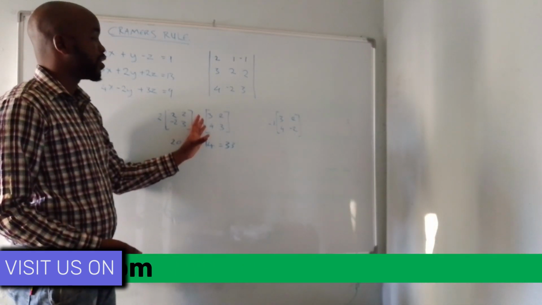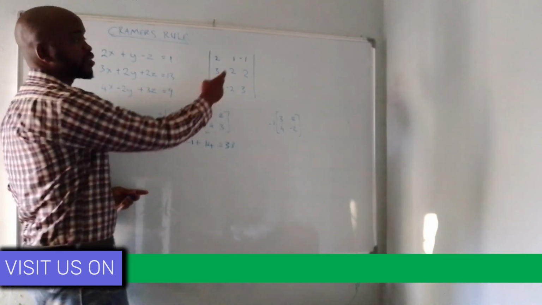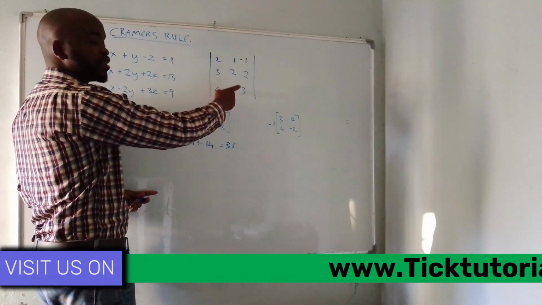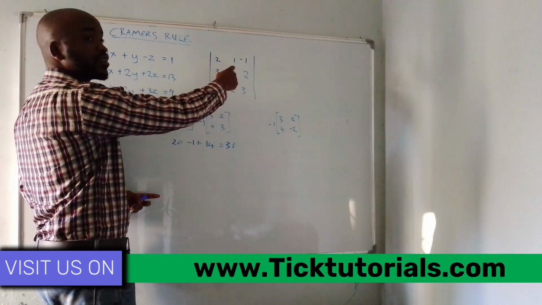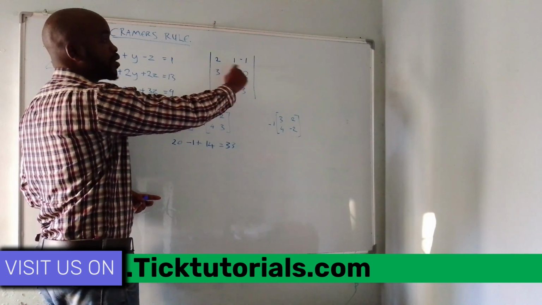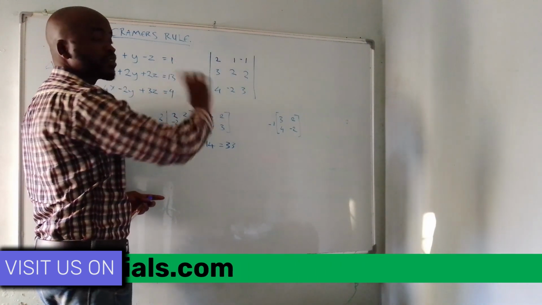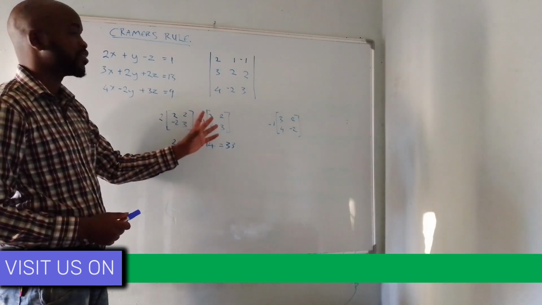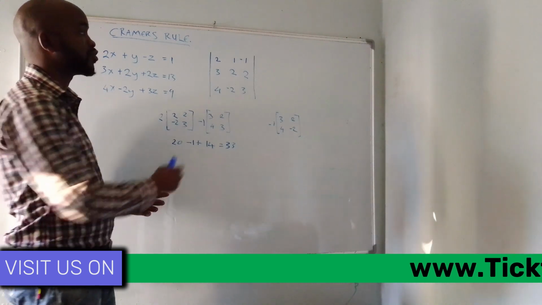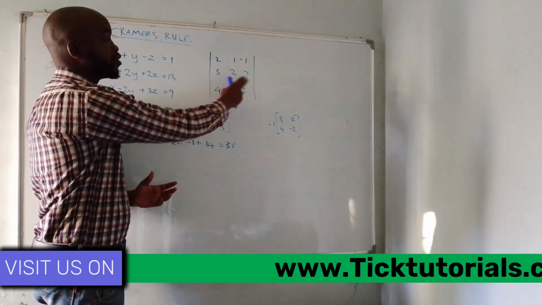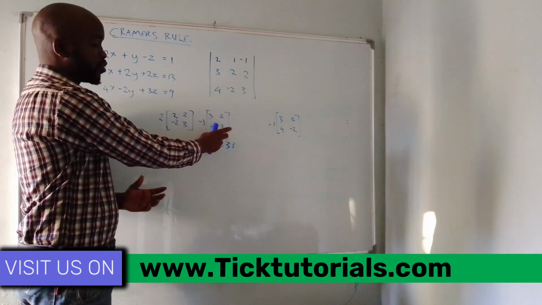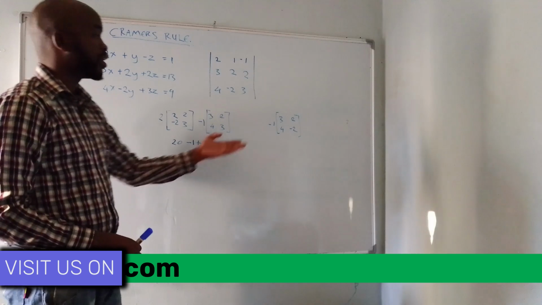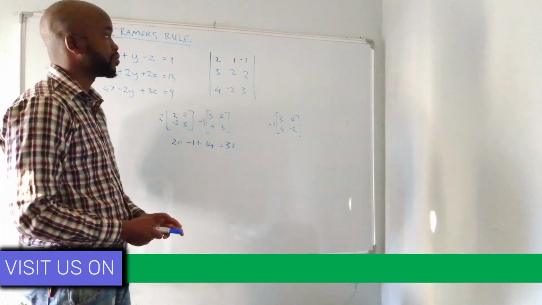We multiply it by the determinant of the matrix that we make by excluding the numbers down the column under the same number, and the numbers which are in the same row as the number there on top. So we get the determinant of the matrix that we make from the numbers that are remaining, which are 3, 2, 4, and 3. So we find its determinant, and then after we do that, we add what is left there.